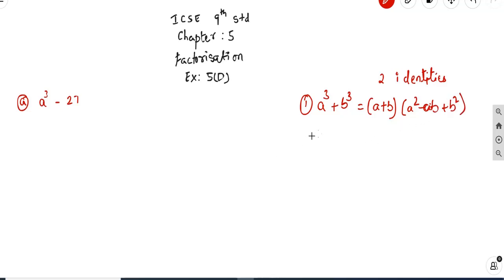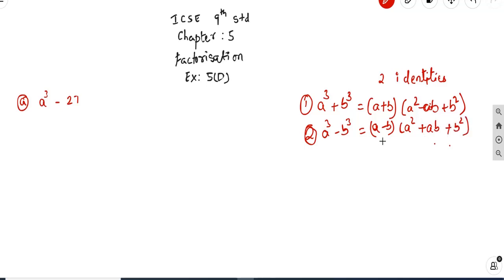The second identity: a cube minus b cube is equal to a minus b into a square plus ab plus b square.